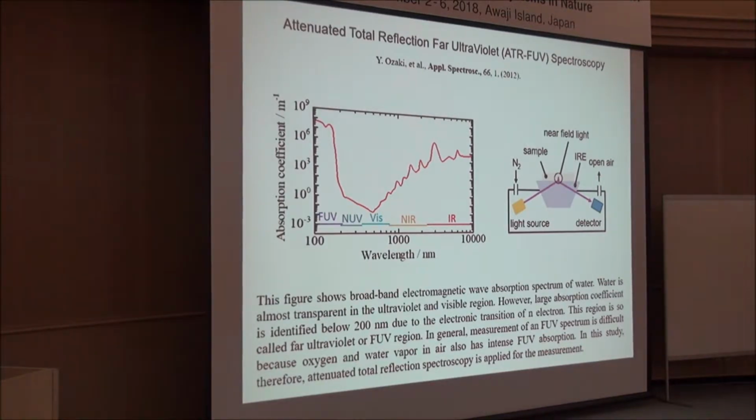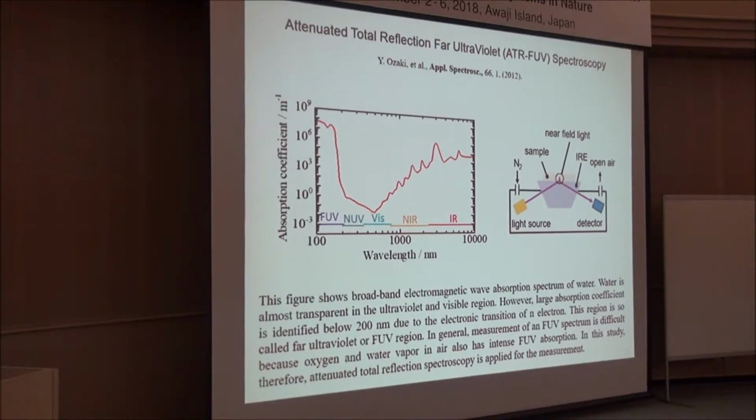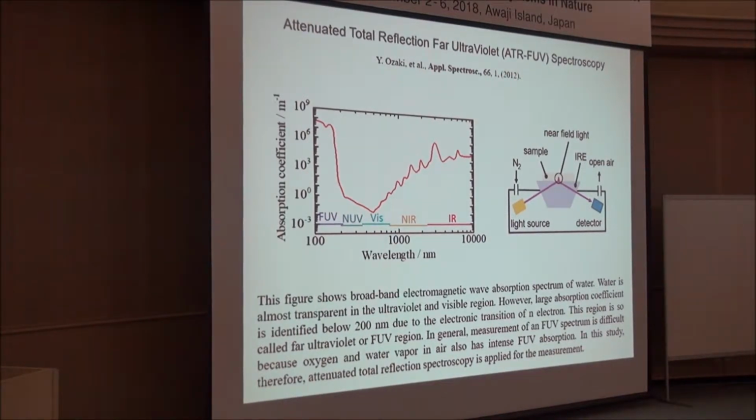This region is so-called far-ultraviolet, or FUV, region. In general, measurement of an FUV spectrum is difficult because oxygen and water vapor in air also have intense FUV absorption. In this study, therefore, attenuated total reflection spectroscopy is applied for the measurement.